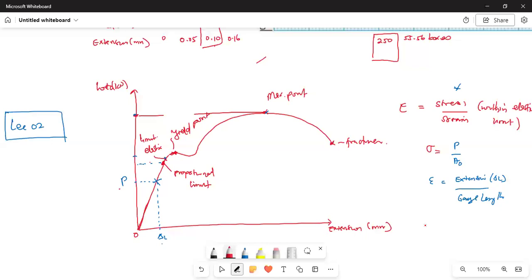So permissible stress is equal to yield stress over factor of safety, or ultimate stress over factor of safety. The question may tell you to apply it to the yield stress or to the ultimate stress; whichever you are given, use the appropriate formula.